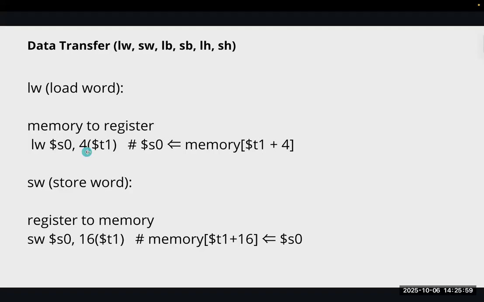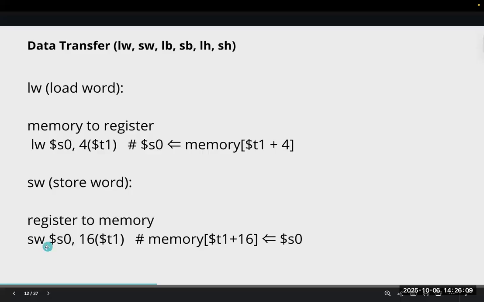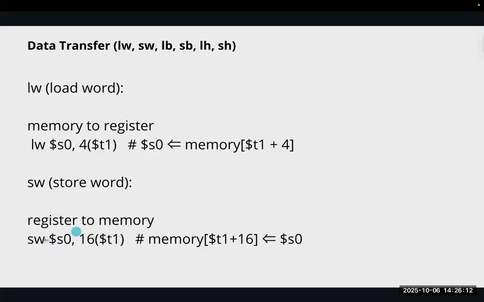You can use anything. And you're going to use number 4 and put $T1 in the brackets. If you want to store something somewhere, you're going to use store word, SW. Your S0 has some value in it. You want to store 16 bytes after T1. So you're going to put 16 here and put T1 in the brackets.